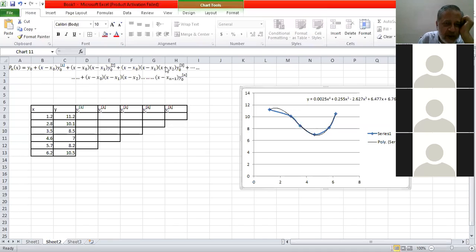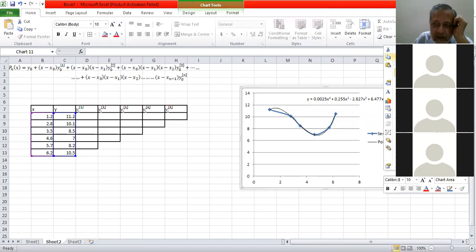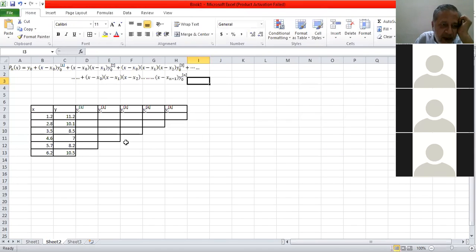I have noted down here the formula, the generalized formula, and this is my data. I don't need this graph right now, so I remove it. I've been given this data.